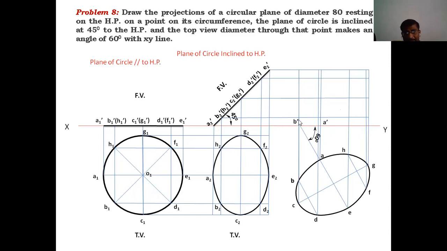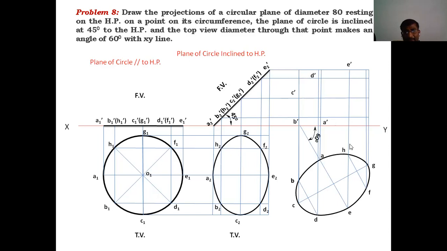Similarly, the point of intersection between the B line and B2 dash line is B dash. The intersection of the C line and C2 dash line is C dash. The intersection between the projector from D and D2 dash is D dash.